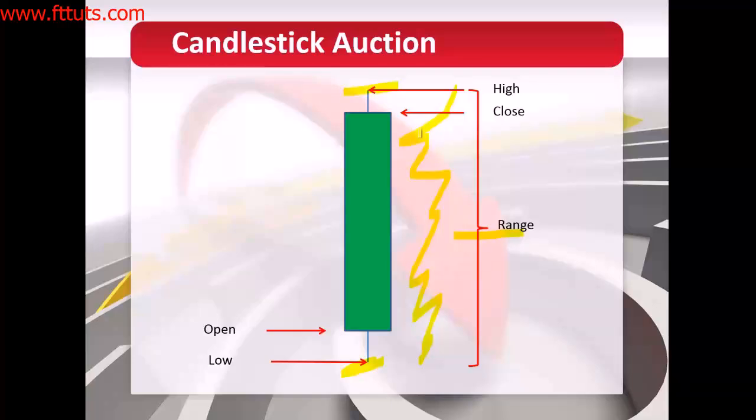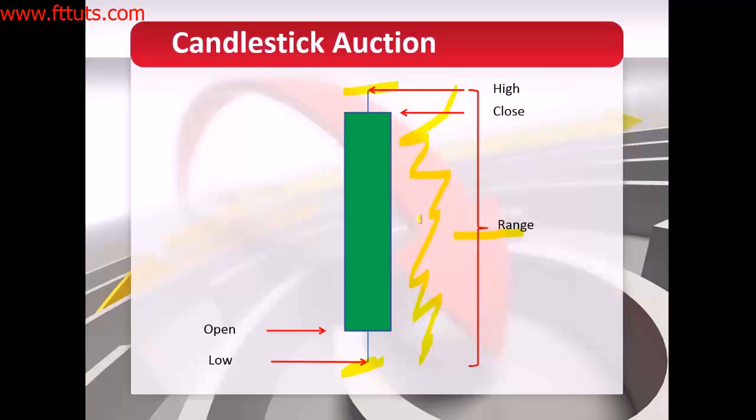Now, there are some that will say, okay, the body of the candle is also useful, so let's focus on the body itself, to what extent the body occupies the entire range. This would be a very full-bodied candle. It occupies most of the range, so this would indicate a very bullish session or a very bullish activity in the market based on the information that we get from the candle.